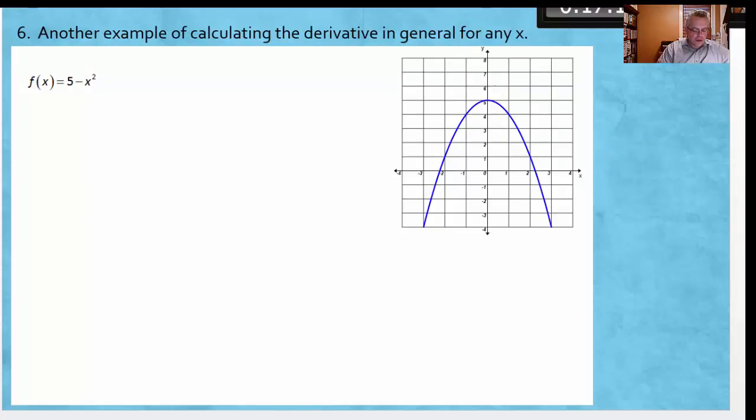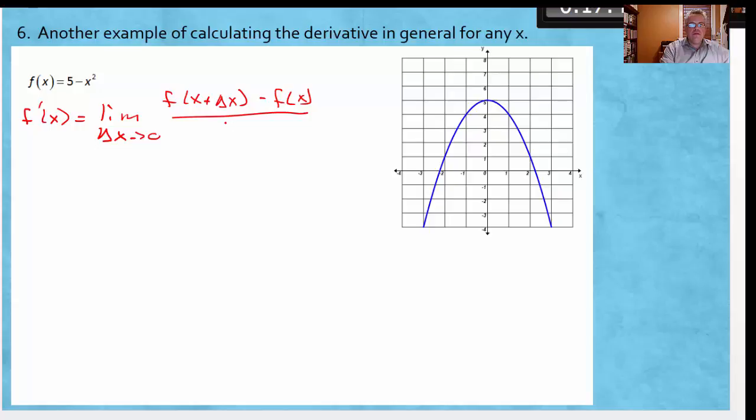So our last step is we're going to go back to the same function and calculate the general formula for the derivative. Okay. And we're going to practice this a lot in class on our own. So f prime of x equals the limit as delta x approaches 0 of f of x plus delta x minus f of x all over delta x, which equals limit as delta x goes to 0.